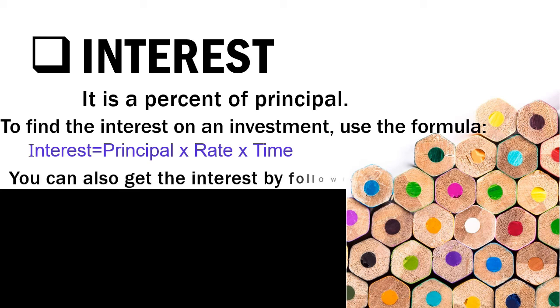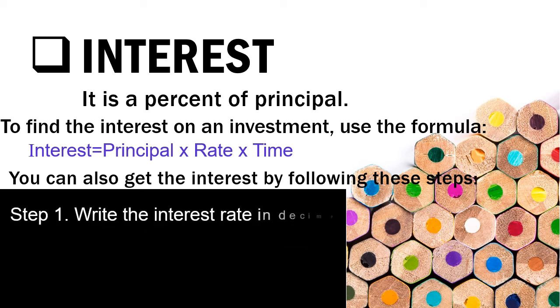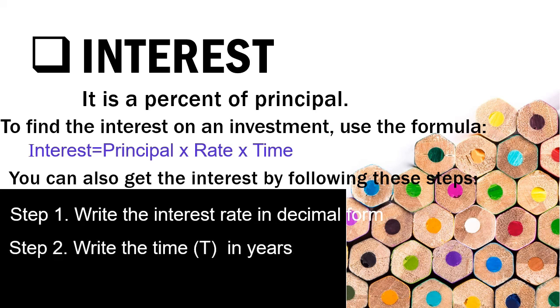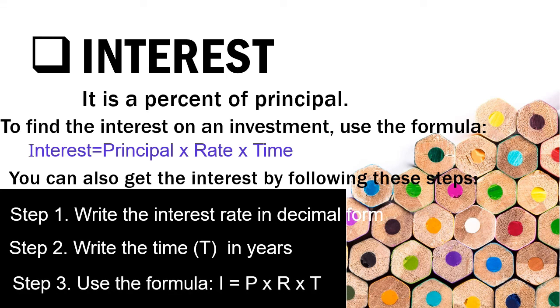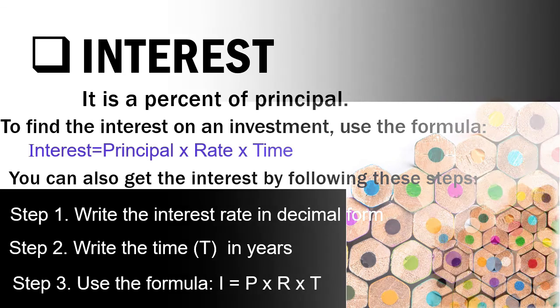You can also get the interest by following the steps. Step 1. Write the interest rate in decimal form. Step 2. Write the time in years. Step 3. Use the formula I equals P times R times T. Here's an example.